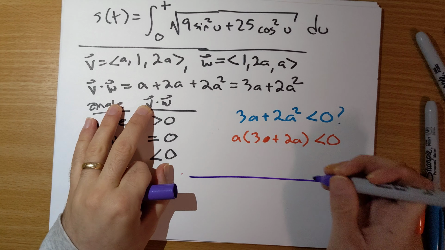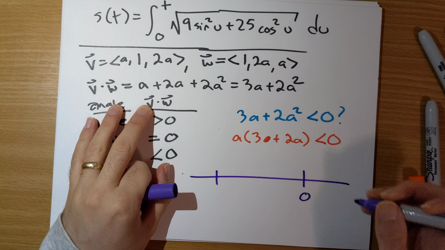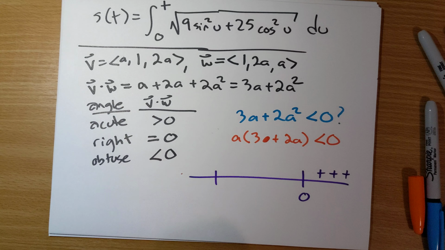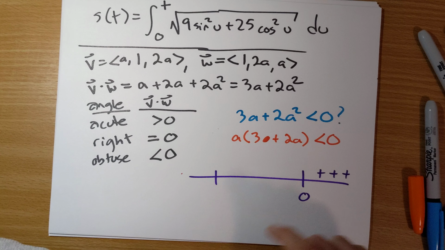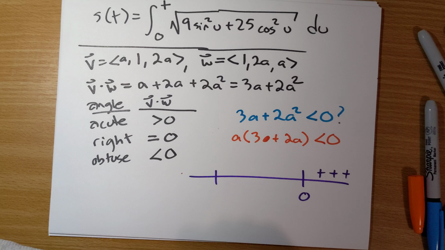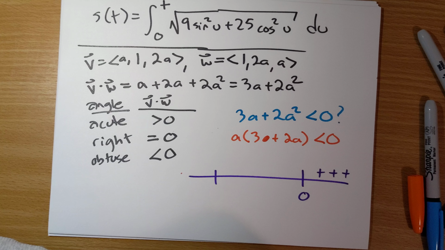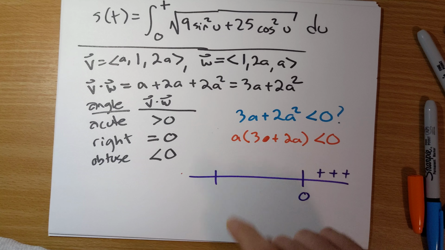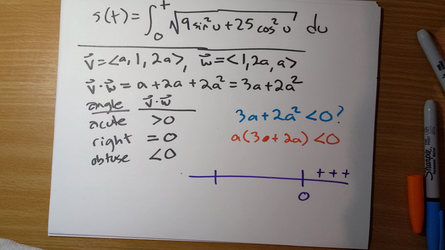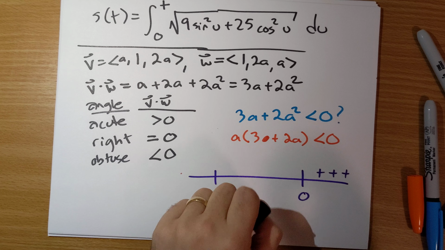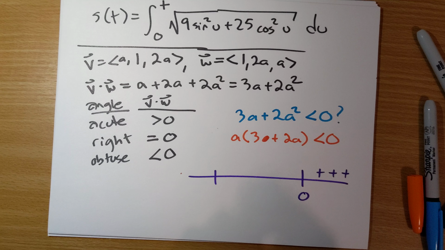So let me just make a little sign chart here. If a is bigger than 0, everything inside is positive. If a is less than 0, of course that term will be negative. 3 plus 2a here, well, we have to worry about, is that term positive or negative?